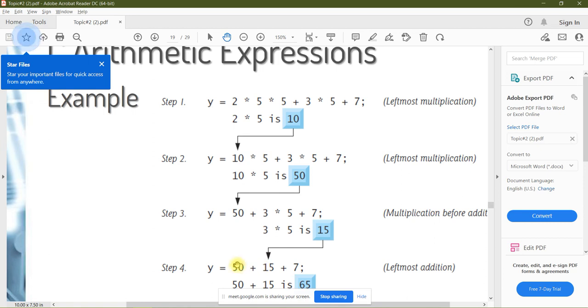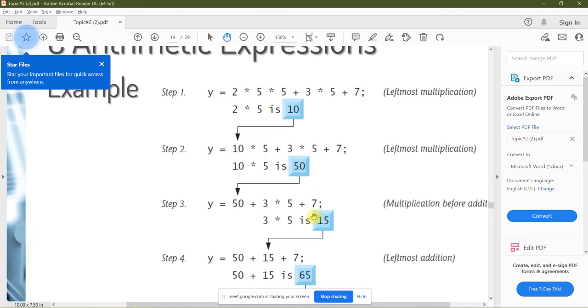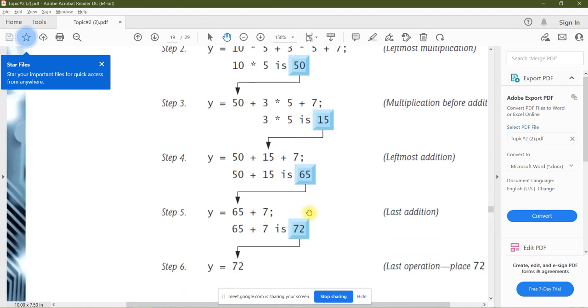Then, since all of these are now additions, it again goes left to right. It did not find any division or remainder, so addition is next. Here, left to right, first is 50 plus 15, which is 65.